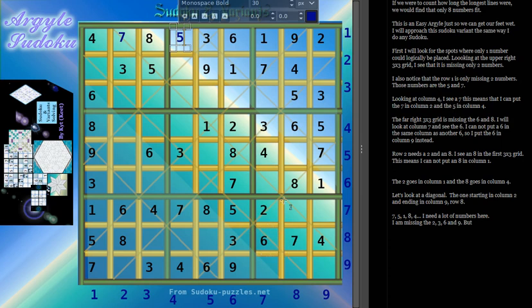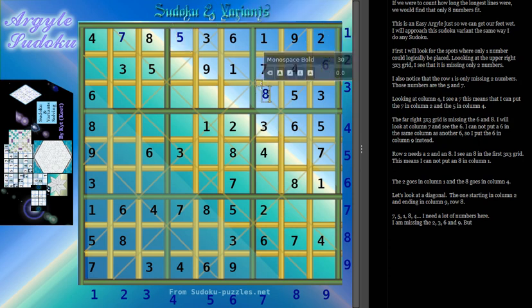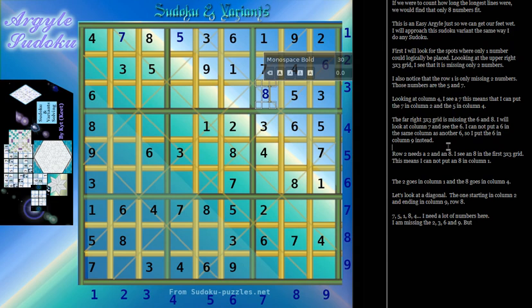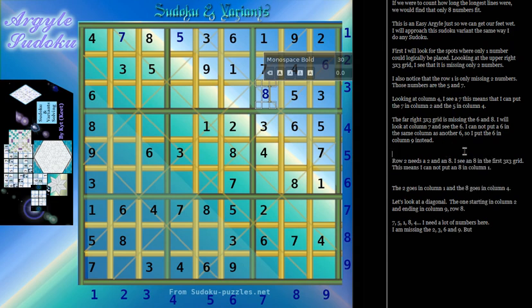I cannot put a 6 in the same column as another 6, so I put the 6 in column 9 instead. I put the 8 in column 7, row 3.